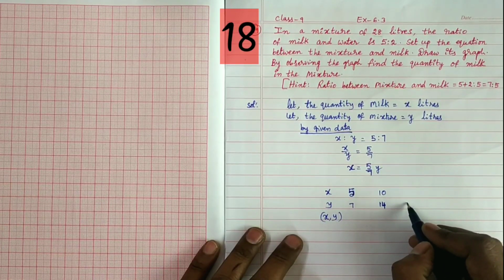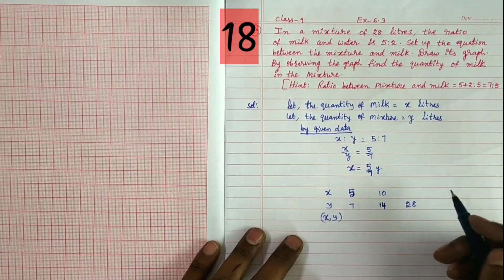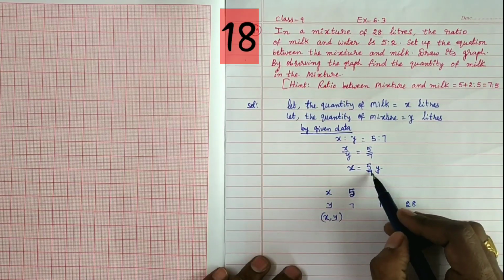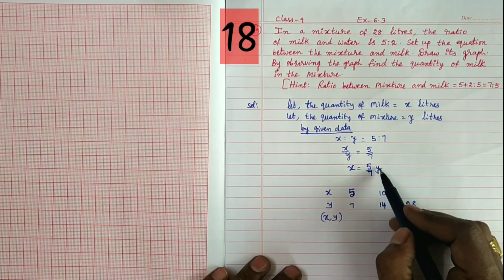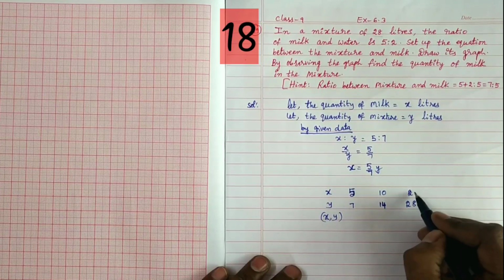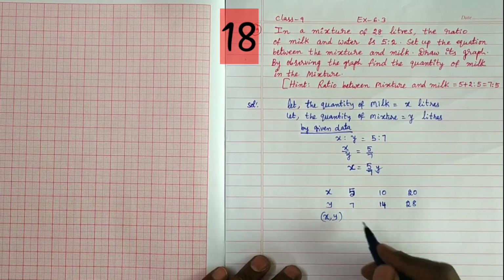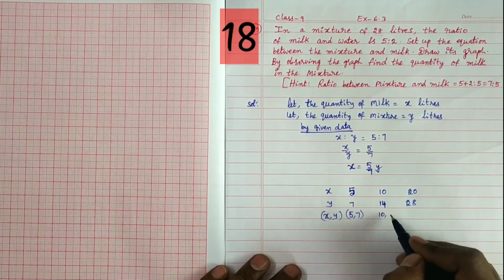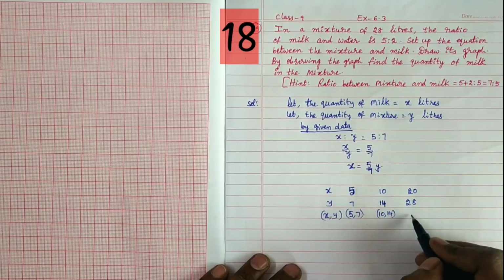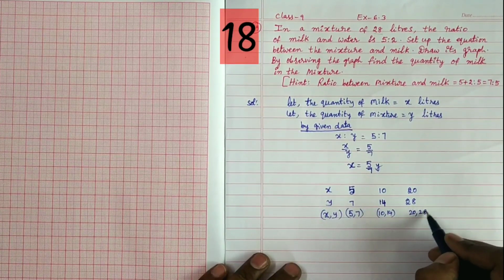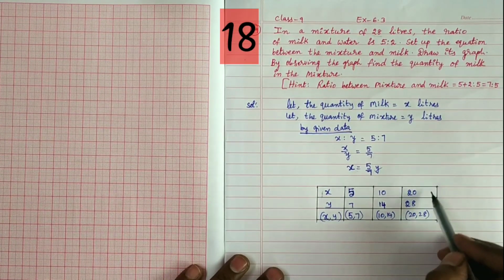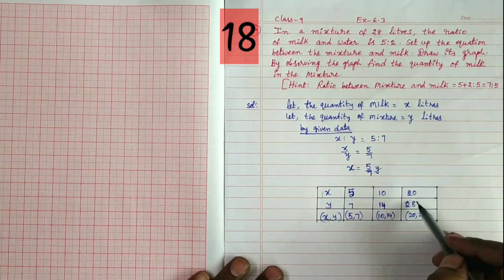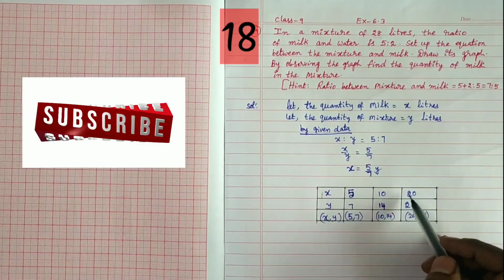I am taking 28 in the y place, substitute y place 28, 7 4s are 28, so 4 times will cancel, 4 into 5, that will be the x will be the 20. So these are the points, 5 comma 7, 10 comma 14, 20 comma 28.